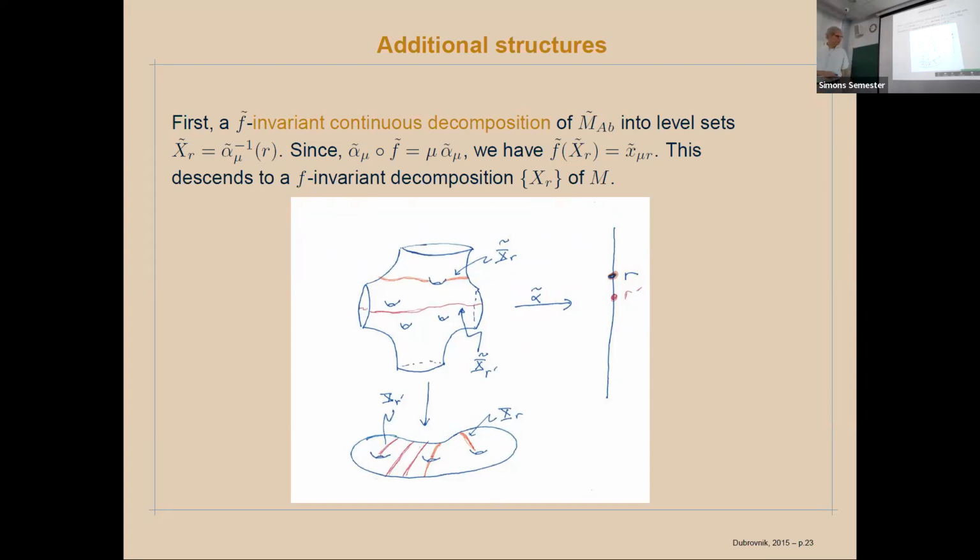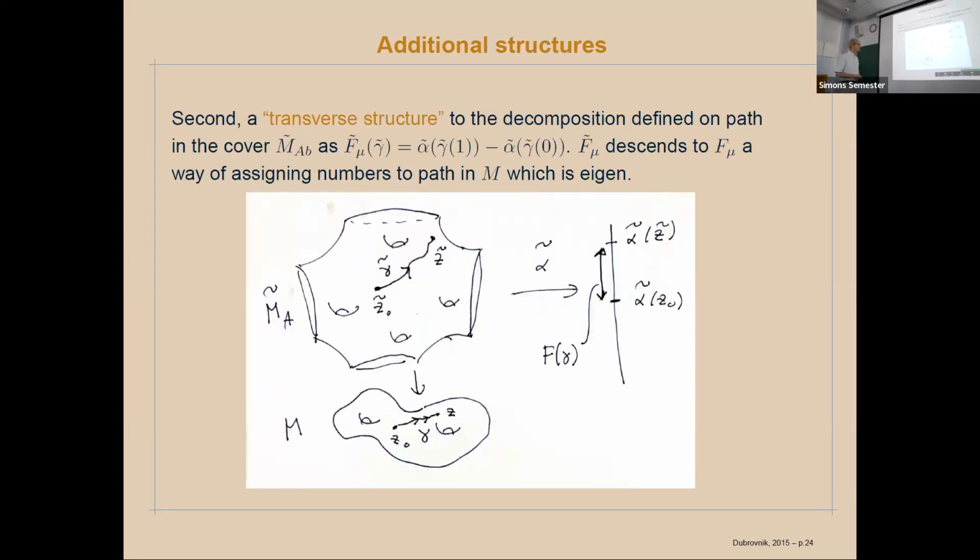That's our first structure, an invariant decomposition arising from the action on homology. I'm saying nothing about the structure of these sets; they could be very wild. But it's an invariant decomposition, which, if the eigendirection is irrational, is going to be wrapping around in an irrational fashion.